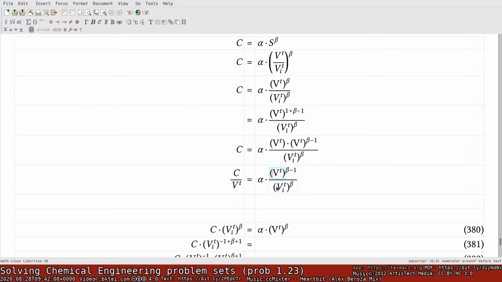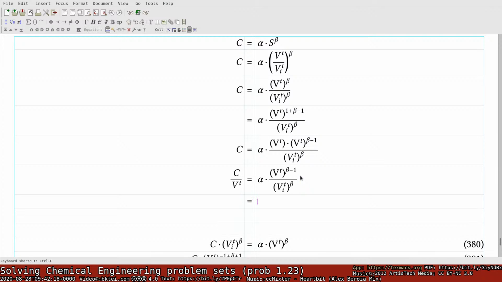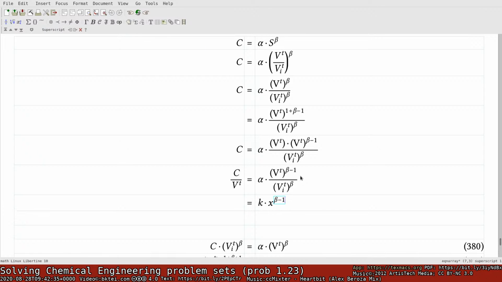And so we have our alpha is just a constant. They're both positive constants. This is functionally the same as just some positive constant, let's just call it k, times x raised to beta minus 1.